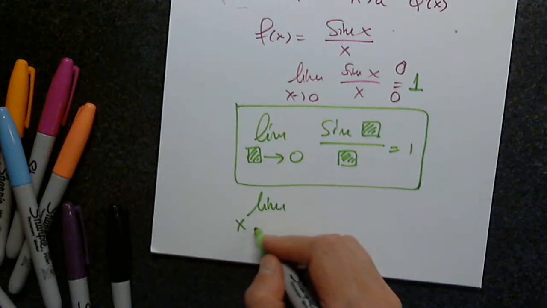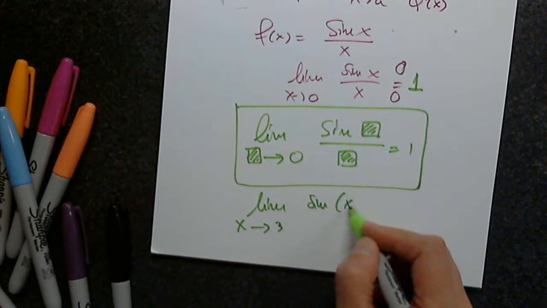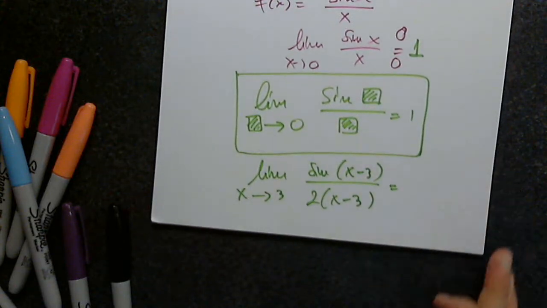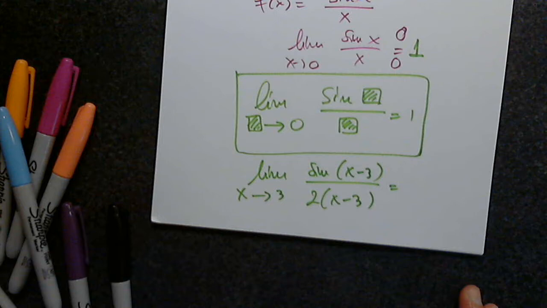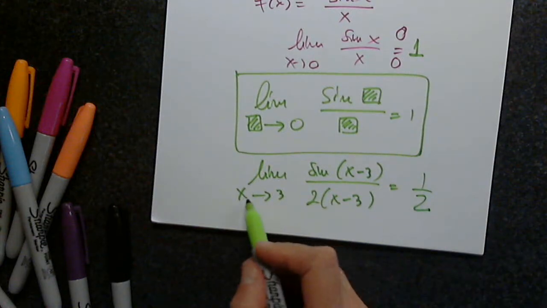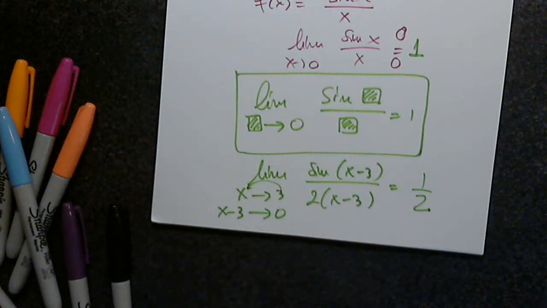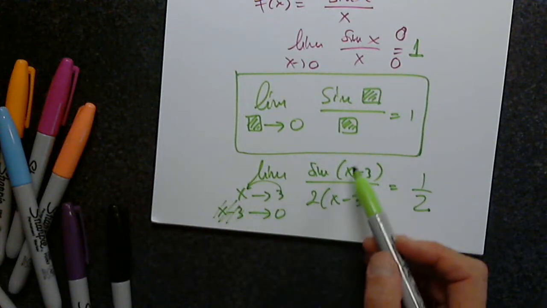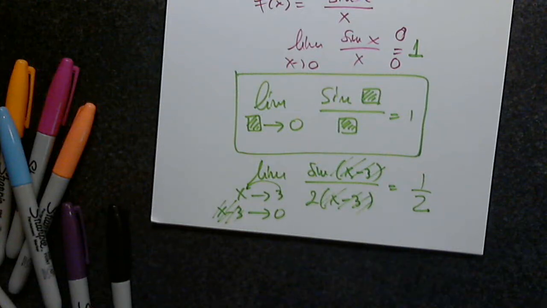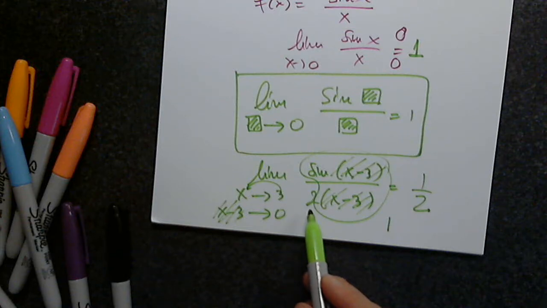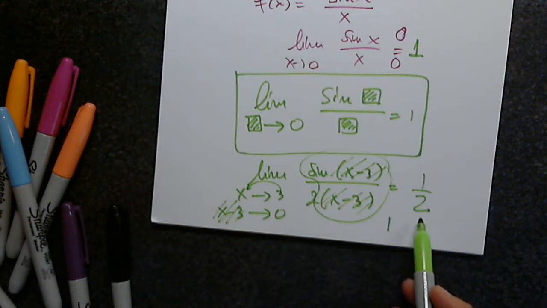Limit as x approaches 3 of sine of x minus 3 over 2x minus 3, what do you think this equals to? 1 over 2, correct? Because x approaches 3 is the same as x minus 3 approaches 0, you can move 3 to the other side. So then this quantity and this quantity and this quantity are all the same. So this limit will be 1, but there is a 2 in front here. So that's why the limit is 1/2.